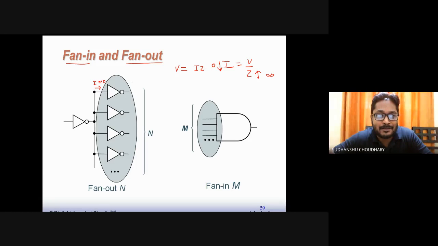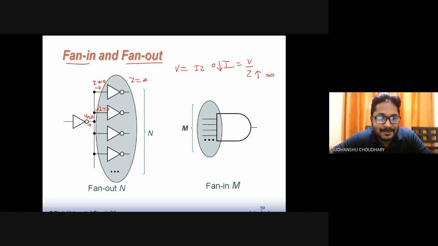Similarly, if this also has infinite Z, the current which is being consumed is equivalent to 0. Yeah, very minimum current will be consumed. Imagine that at the output here, let's say I have 4 nanoamperes of current available at this output.